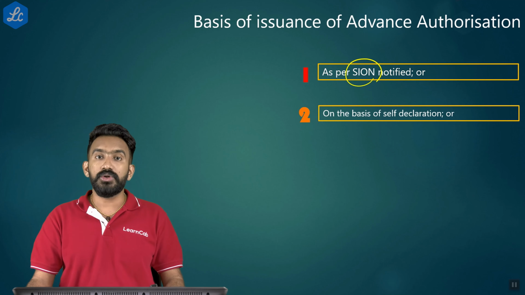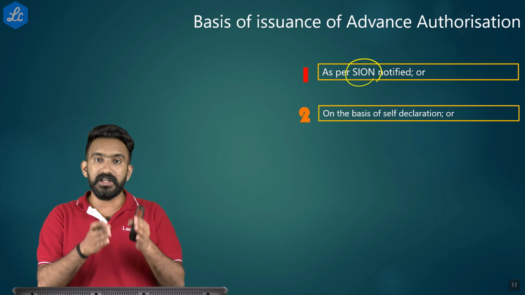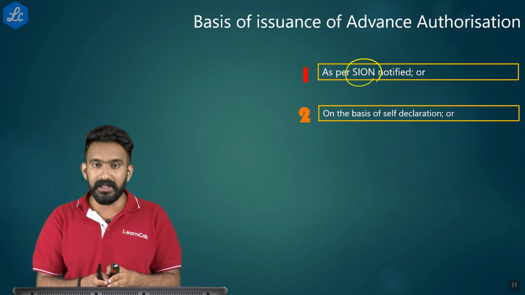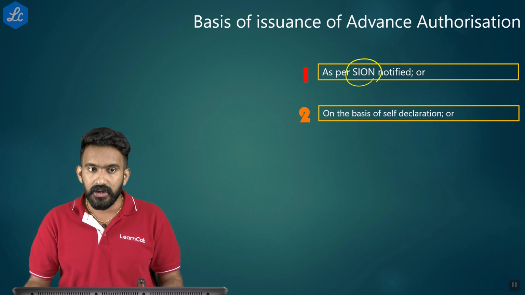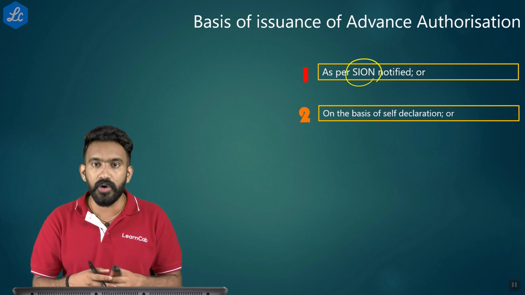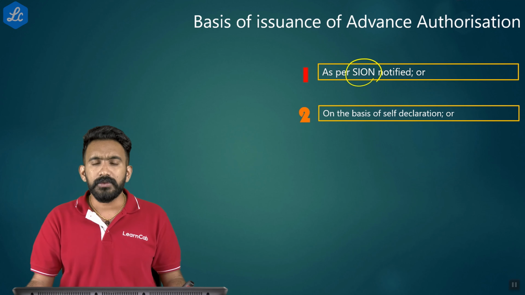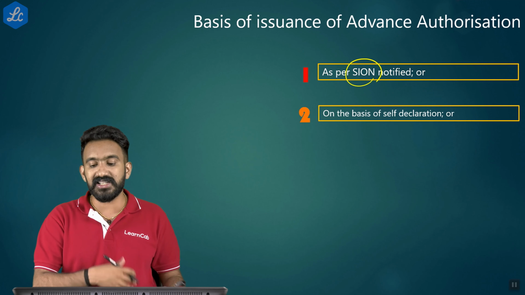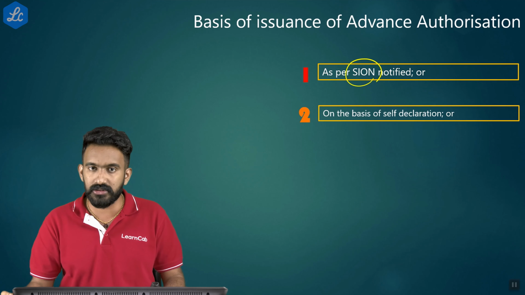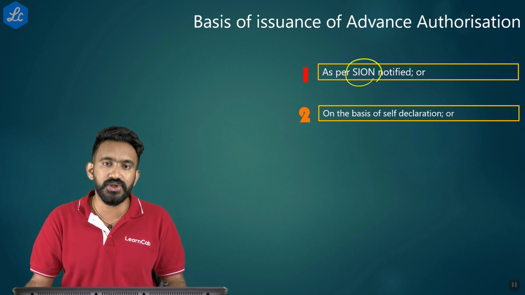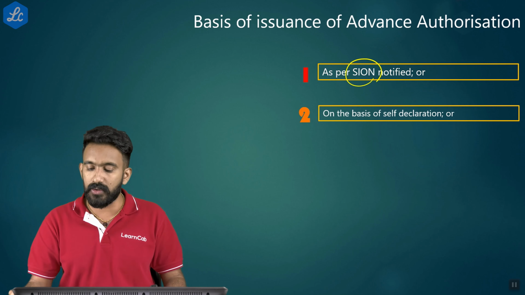For example, if it is not available in SION, or there has been an ad hoc norm, or there has been a delay in getting the norms, you can make a self declaration to the regional authority of DGFT and then get an advance authorization.